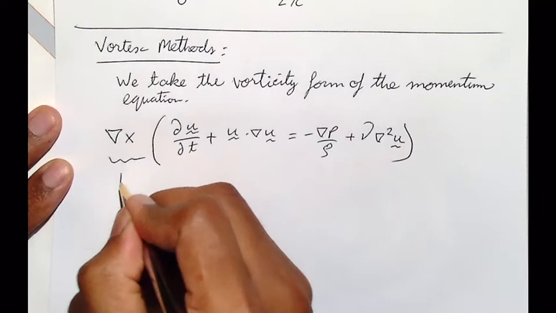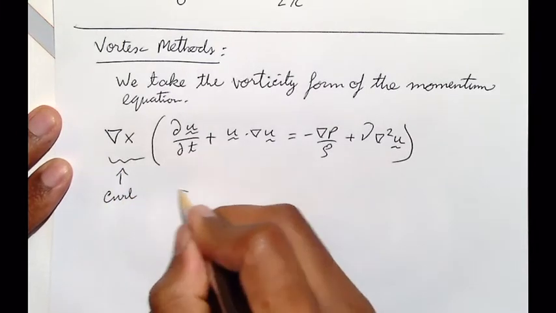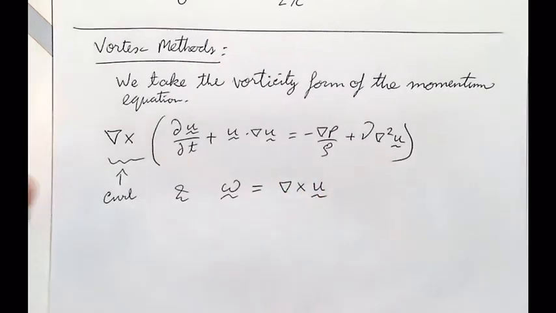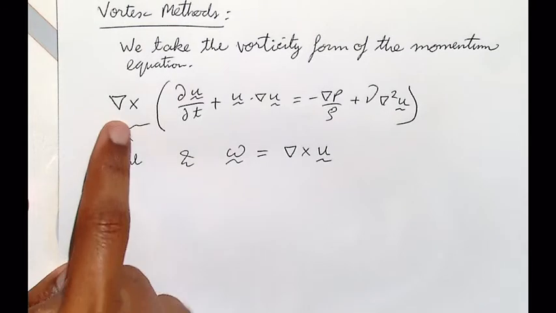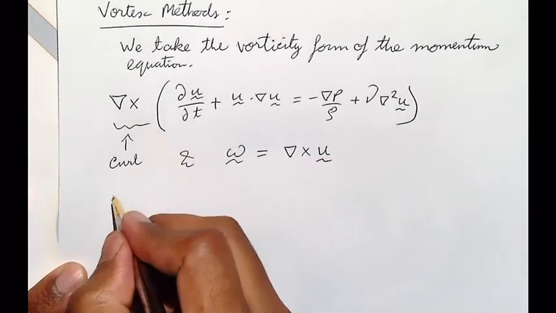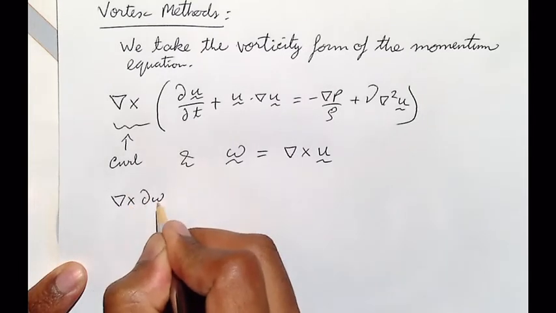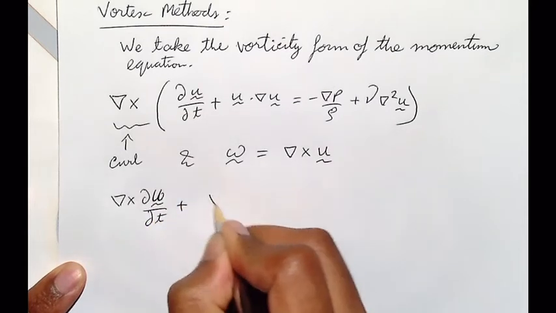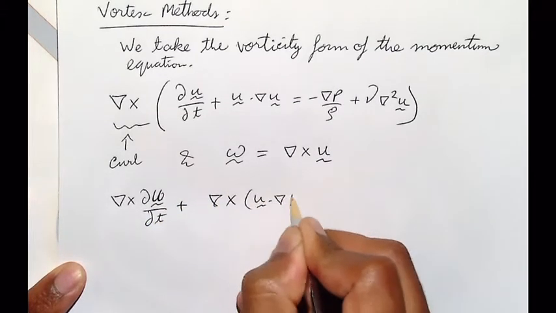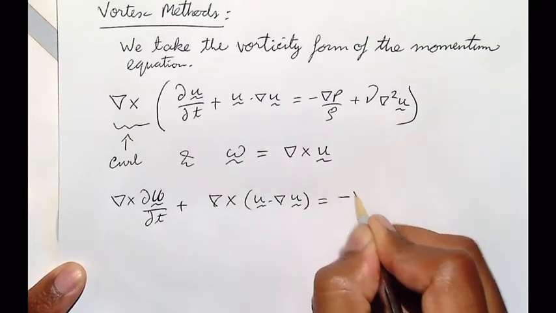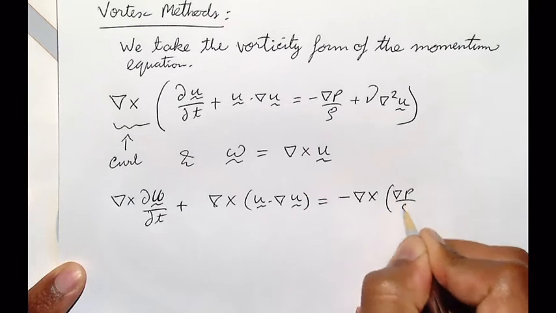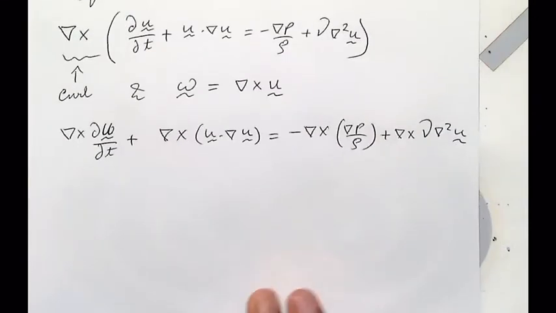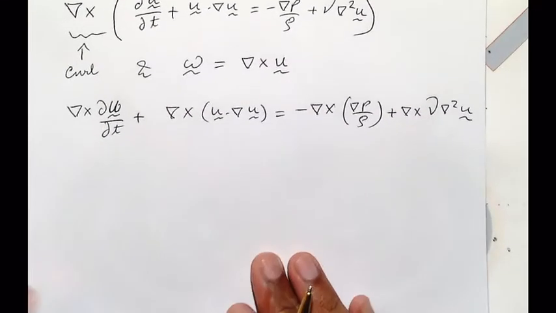Just as a reminder, vorticity is defined as nabla cross u, the curl of u. So when we take the curl of the full equation, we get nabla cross du by dt plus... I think we had stopped there last time.